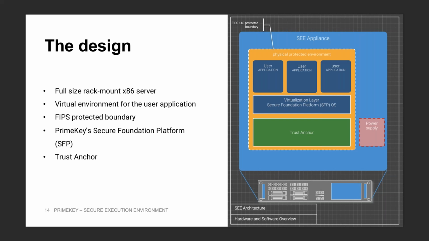When we talk about a trust anchor, we are talking about an additional processor or computing environment that is added to this physically protected environment itself. Later on, I will give you an explanation about this trust anchor.